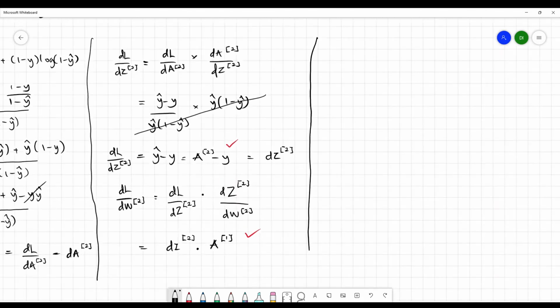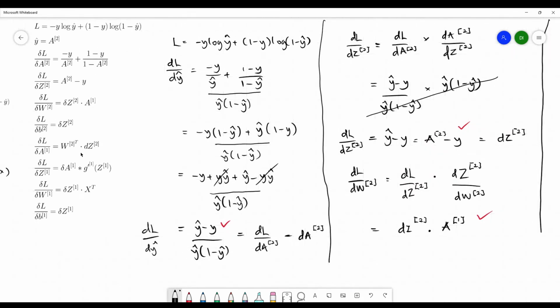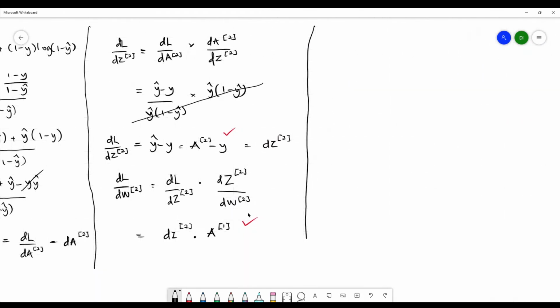Now, next up, we're going to look for dB2. So we have dL/dB2, which would be dL/dZ2 multiplied by dZ2/dB2.